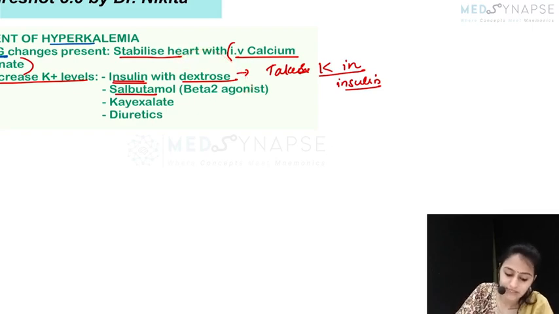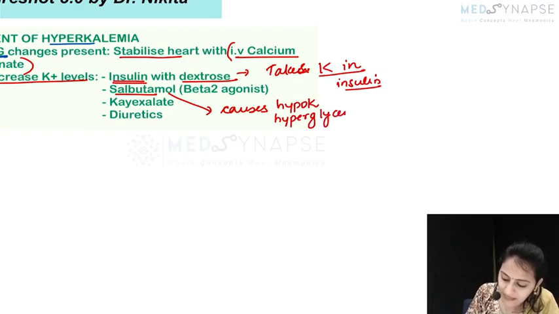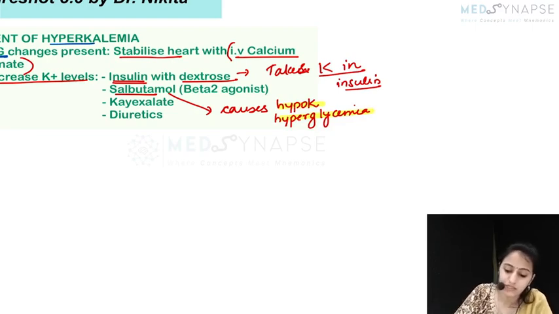So it will cause hypokalemia, right? Remember, salbutamol causes hypokalemia and hyperglycemia. So similar to insulin, even the salbutamol, the beta stimulation leads to the inward movement of potassium.